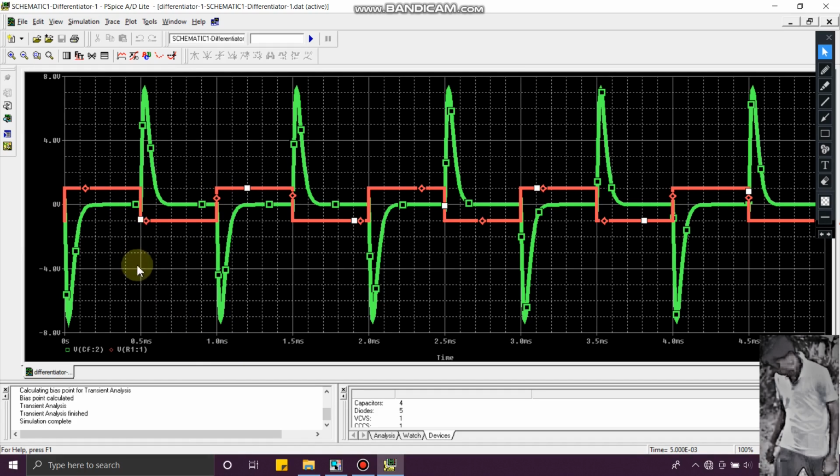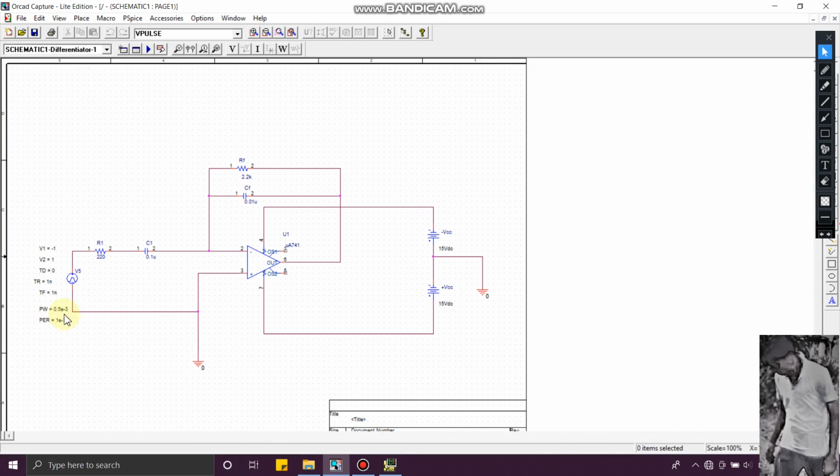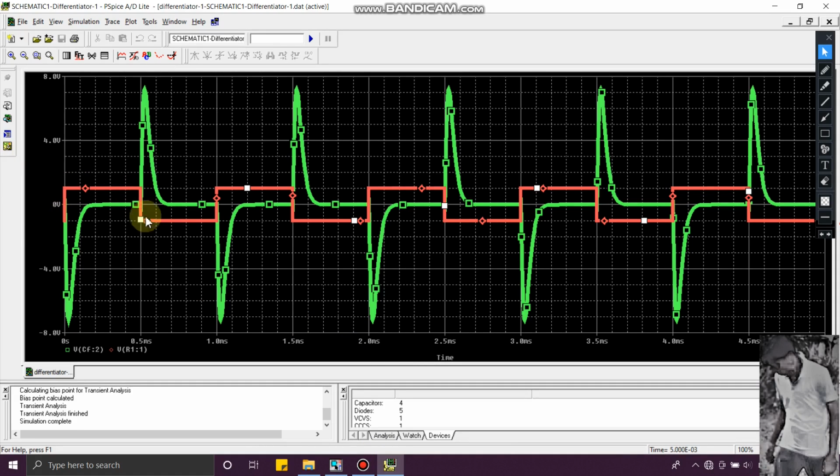Its half is 0.5 millisecond. I have given the time period of 1 millisecond and a pulse width of 0.5 millisecond, that is its half. We have generated a square wave of amplitude 1 and time period of 1 millisecond. Again, this is my input and my output is a spike wave.